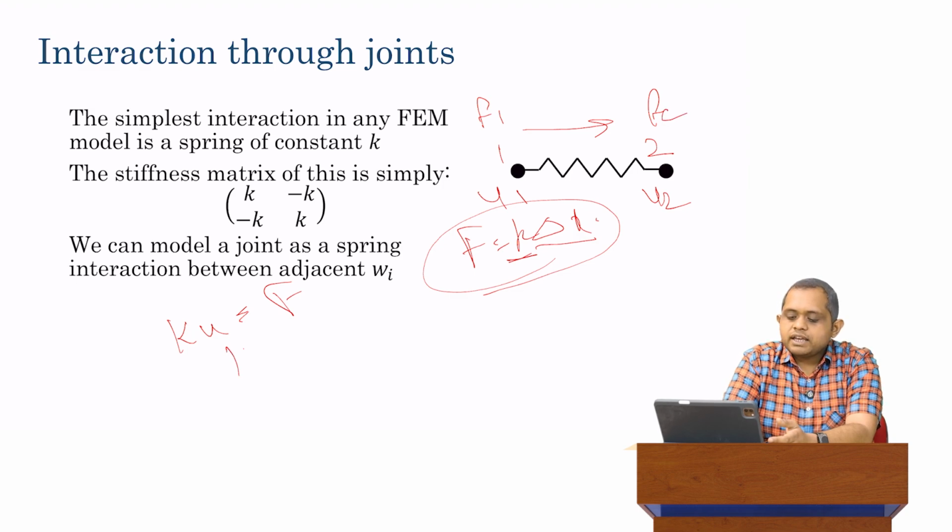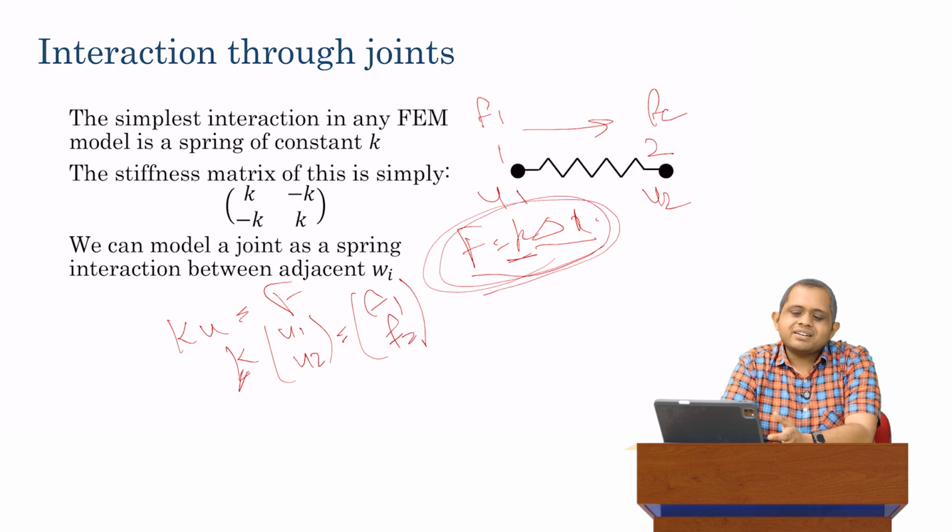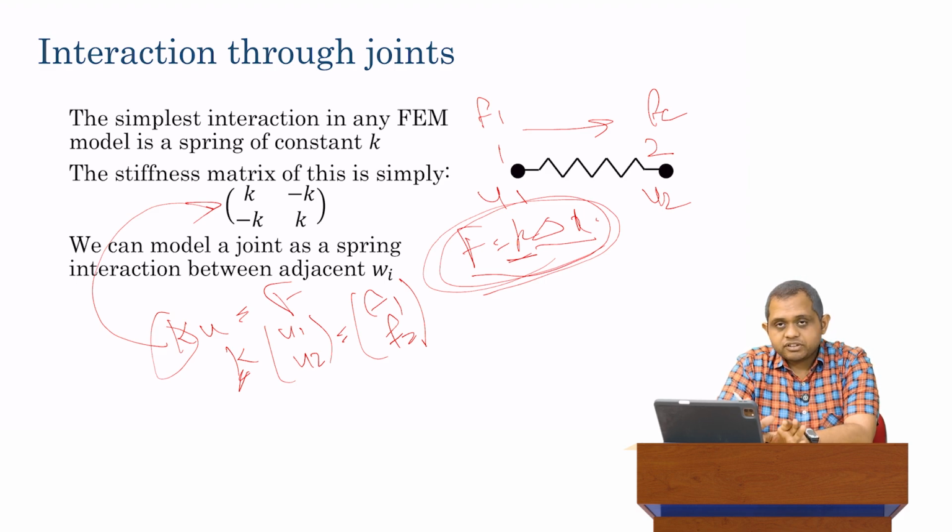So we have K times U1, U2 equals F1, F2. And this K, we can derive using this equation over here. It's not particularly difficult, but it's not necessary to go into details. This K is basically the form I've shown here, where the lowercase k is the spring stiffness, and the stiffness matrix of the spring element is this K.